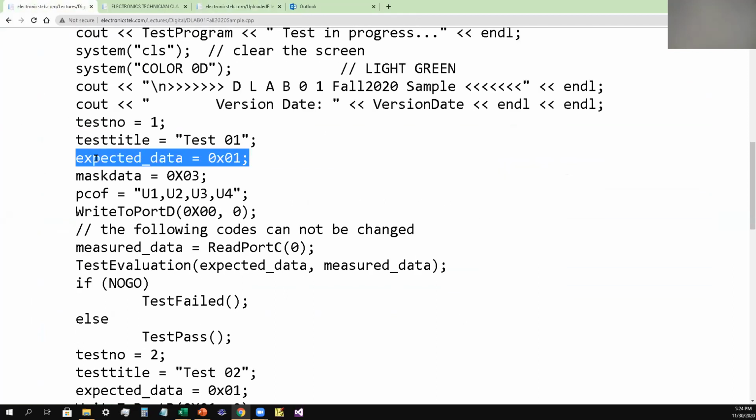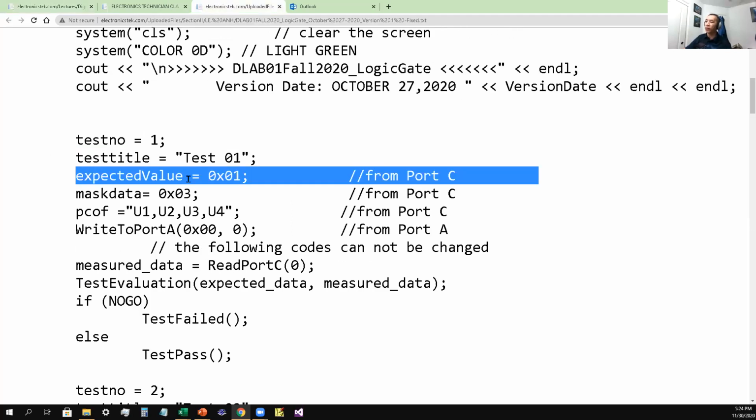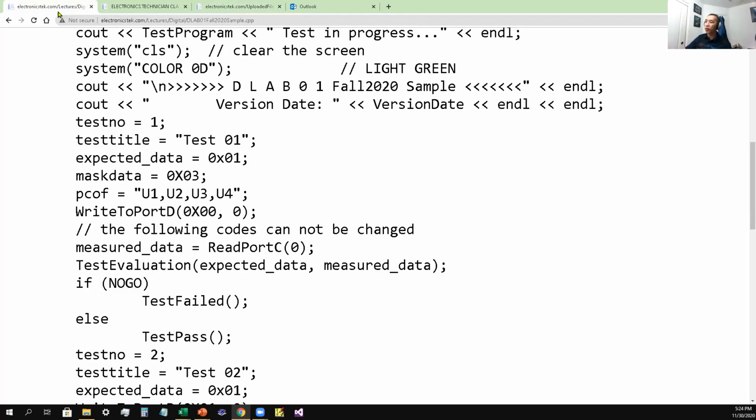Look, this is a sample program. Mr. Pham already gave you a sample program. You have to follow the sample program. Yes, you change it according to whatever is in your Excel, but this is a sample program. You have this expected data, and then when you do the measured data, it's measuring data here. Now they're testing the evaluation.